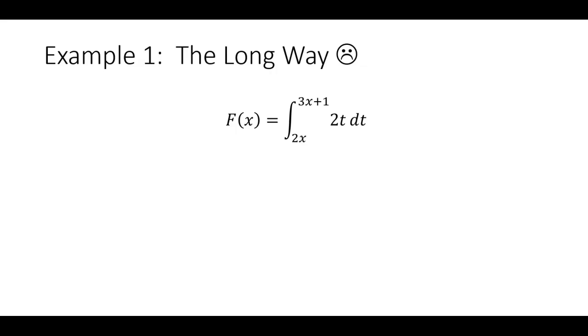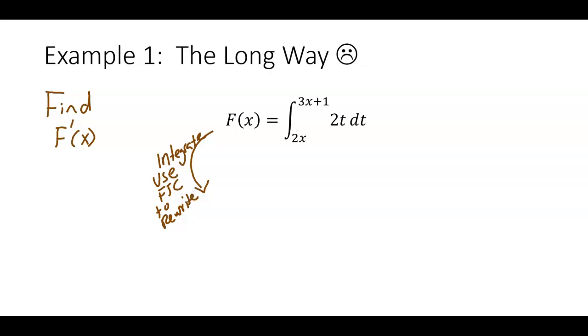So I want to find the derivative of this problem here. I want to find f prime of x. All right, so step one, I want to integrate and use the fundamental theorem of calculus to rewrite it.